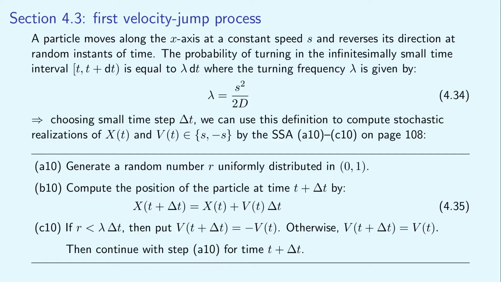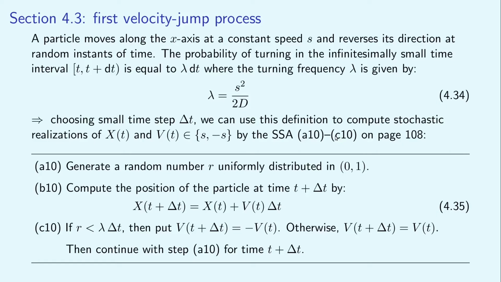In section 1.1, we were able to replace the naive stochastic simulation algorithm by the Gillespie algorithm, which was less computationally intensive. The key point of this event-based algorithm was the derivation of an equation which specifies the time when the next event occurs. The SSA A10-C10 can be improved in a similar way.